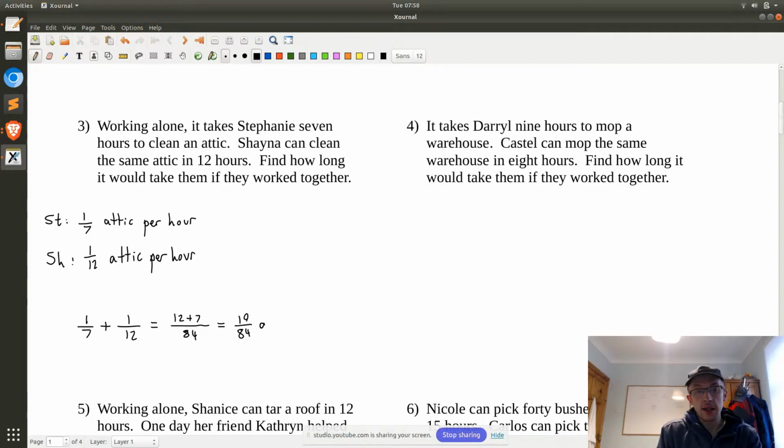They clean 19/84ths of an attic per hour. So we do one attic divided by 84 over 19. Oh, goodness me. One attic divided by 19 over 84, which will end up being 84 over 19.